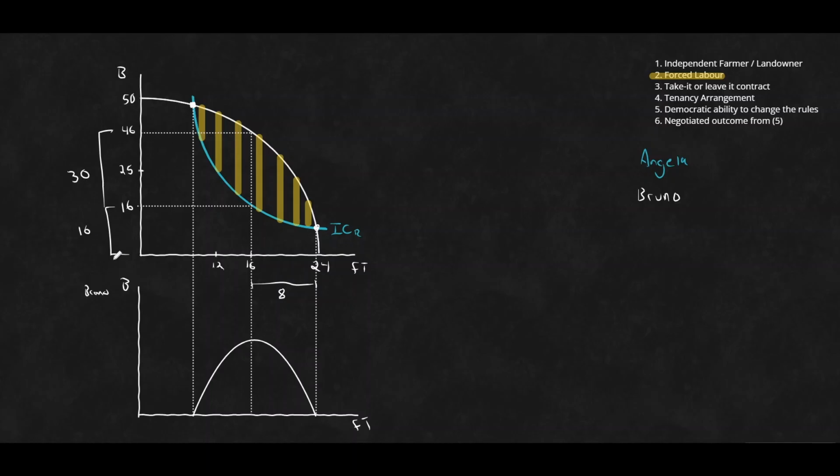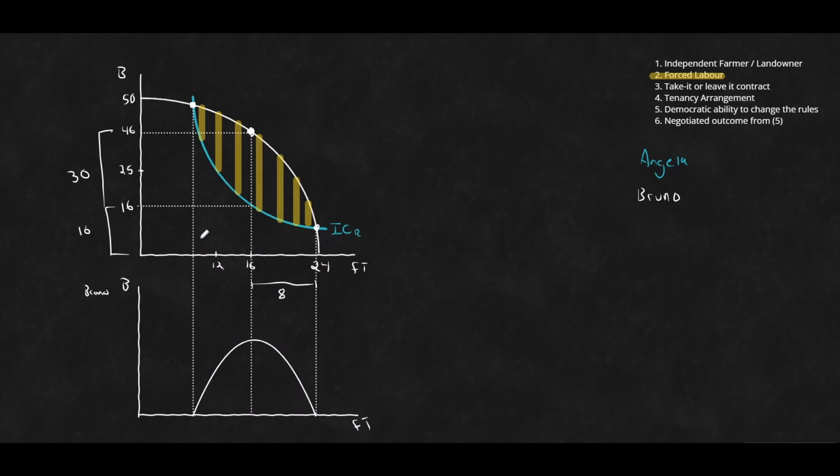Now, where does this relate to the whole thing? If we back up, let's keep in mind that we said, okay, indifference curves only increase in terms of bushels. So any point on this indifference curve is the same marginal rate of substitution as the indifference curve goes up. And previously, when Angela was just having herself as an independent farmer, she was similarly willing to have 16 hours of free time, but she was similarly going to extract that 46 bushels all for herself.